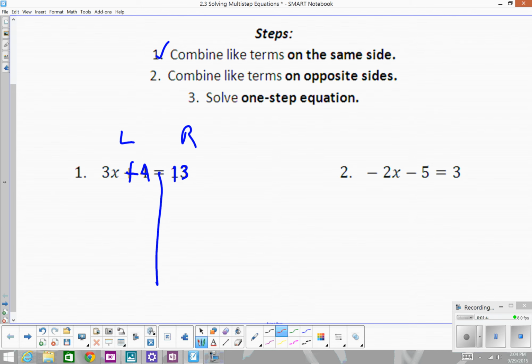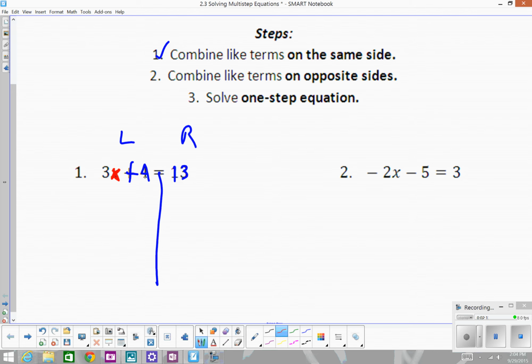Something to remember is that I want to isolate that x. So if that x is on the left side, keep it on the left side. When we deal with variables on both sides, we'll deal with that next section. But for multi-step, whatever side the variable is on, keep it there. So basically, we want to move all the numbers to the other side. Good. So now I have a 4.